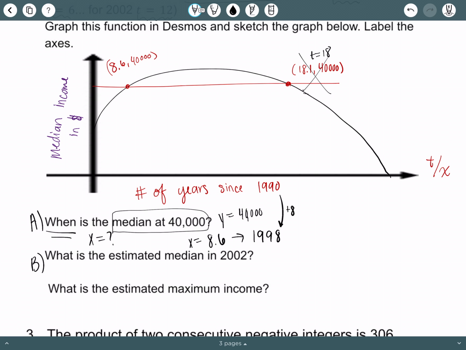Estimated median income in 2002, when it says what is the median income, that means y equals what? And in 2002 tells me that x is going to equal 12. So again, you can use Desmos, and you can tell Desmos that you want a line at x equals 12, and it will give you a vertical line with an intersection point.